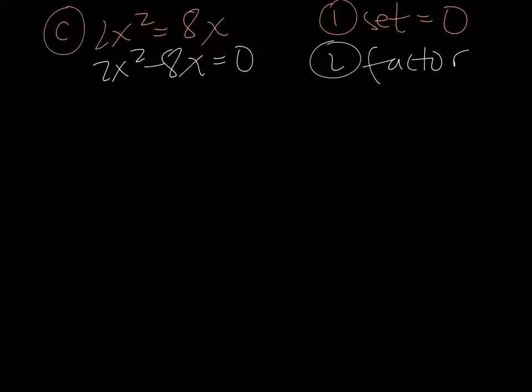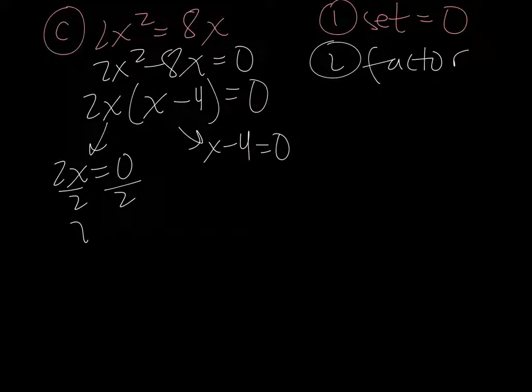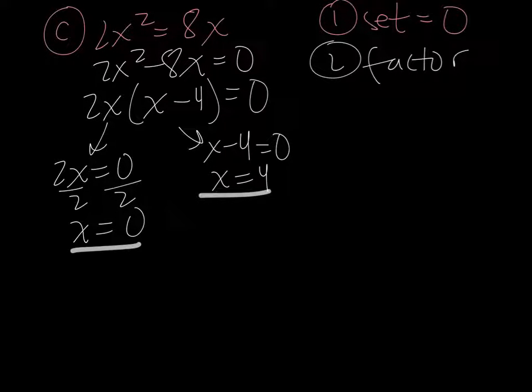So here I'm going to find the GCF, which is 2x, and I'm left with x minus 4. Set them both equal to 0: 2x equals 0, and x minus 4 equals 0. Divide by 2 on both sides. 0 divided by 2 is 0. x equals 4, and x equals 0. What do these guys represent? X-intercepts.